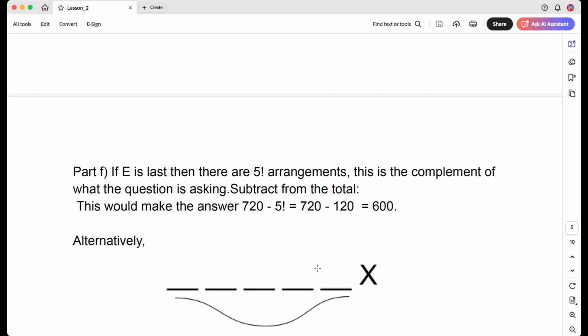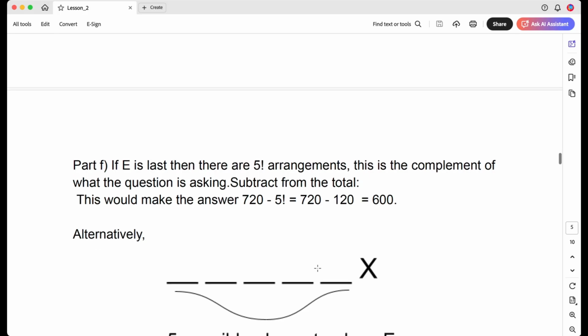Again, we counted the ways that E could be last. We put E in the last slot, and there are 5 factorial ways for the other letters. So there are 120 ways for E to be last, but we don't want that to happen. We want the opposite of that. So we do the total 720 minus 120 to get 600.